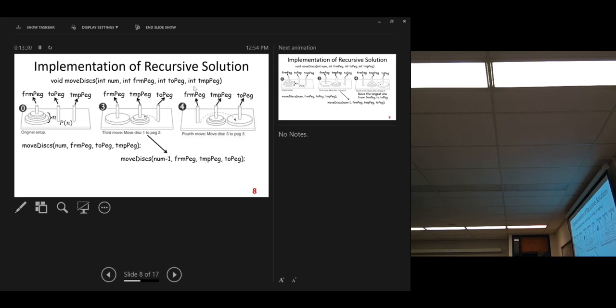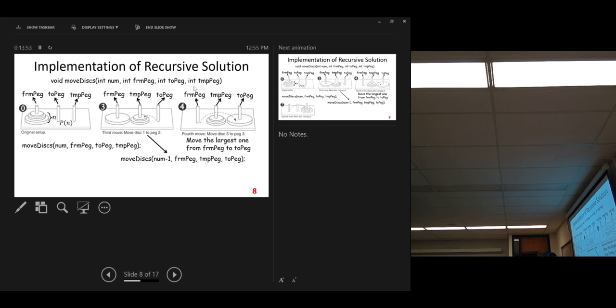After that function call, we need to move that disk, so we need to make one move. One explicit move. That's the non-recursion step. After we make that explicit move, we need another recursion.